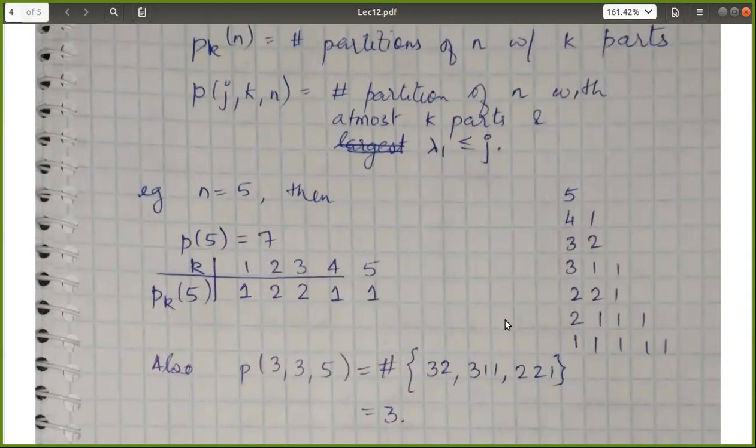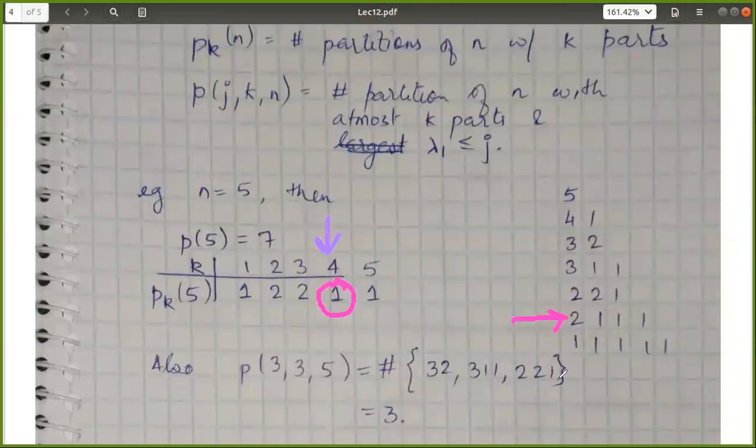So I am asking about the partitions of n with 4 parts. How many partitions are there with 4 parts, by the way? See here. So this corresponds to the partitions with n minus 1 parts, right? And how many such partitions are there? Which partition is this corresponding to? 2, 1, 1.